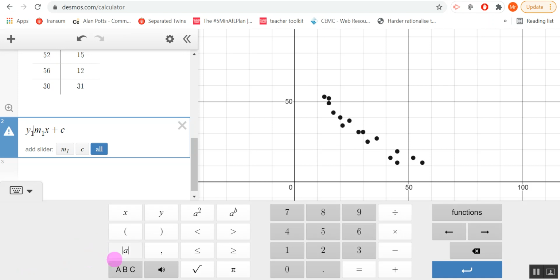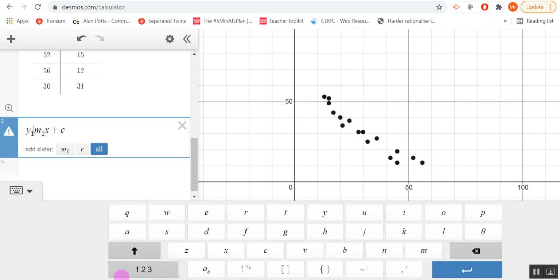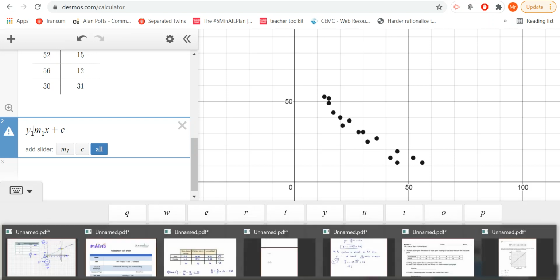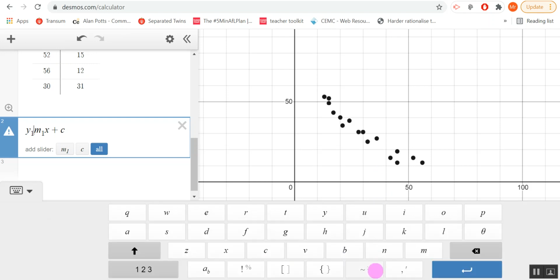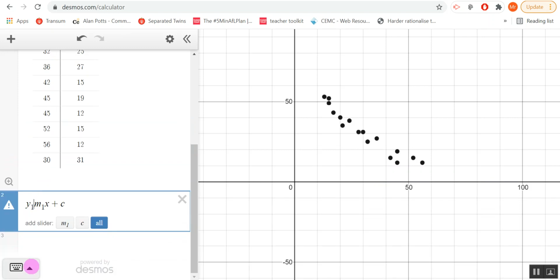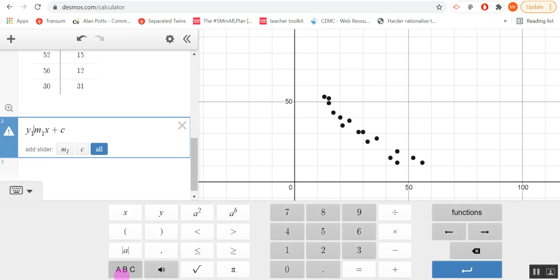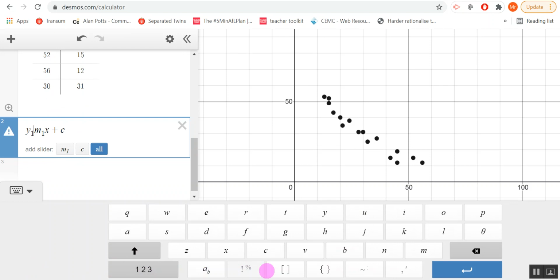If I click on ABC, there's this squiggly line down here. Everyone with me? Do I need to go through that again? So I clicked on keyboard, clicked on ABC. Across here, there's a squiggle.